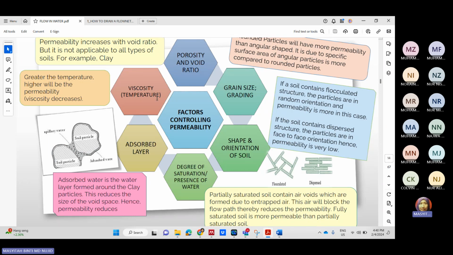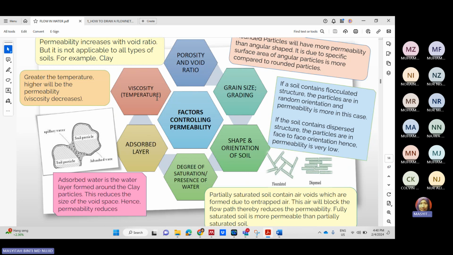Banyaklah, kalau you tengok masa awal-awal hari tu, minggu lepas pun saya bagi contoh field identification for soil. Ada banyak cara. So kalau permeability pun you kena tahu faktor. Ideally apa-apa yang berlaku you kena tahu cause effect. Bila ada cause effect mesti ada factor yang contribute to the effect.